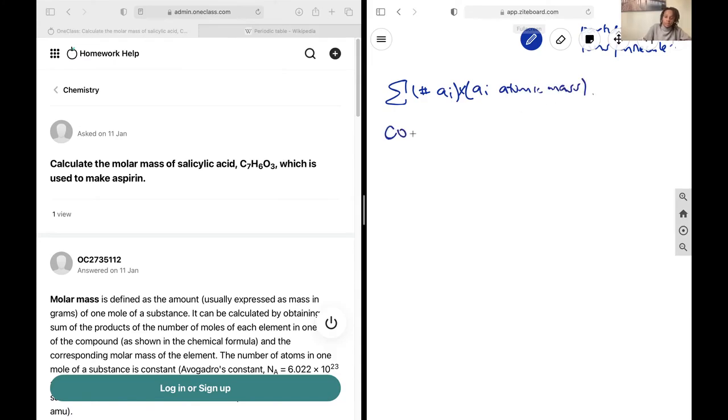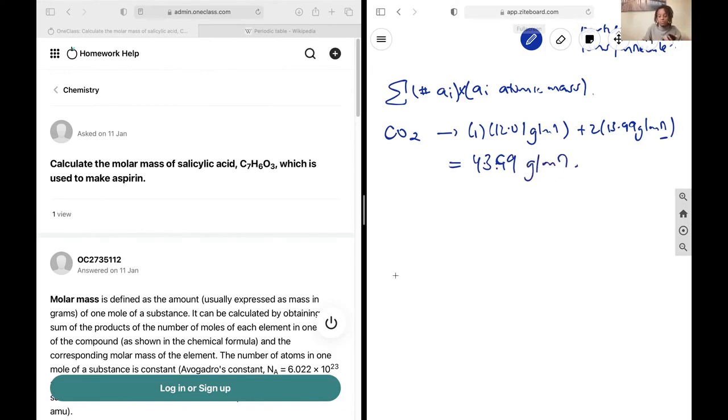For example, let's say I have CO2, I would do 1 by 12.01 grams per mole, that is the atomic mass of carbon, plus 2 by 15.99 grams per mole. And I'd simply find that answer to be 43.99. And so when I'm doing other calculations and need the molar mass for carbon dioxide, I'd simply use 43.99 grams per mole.